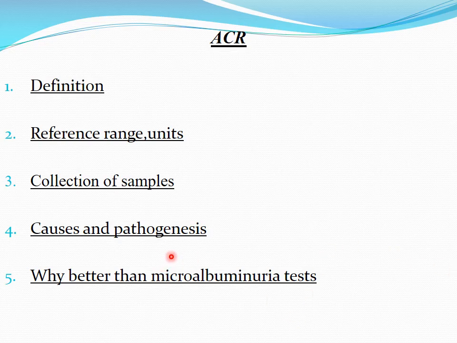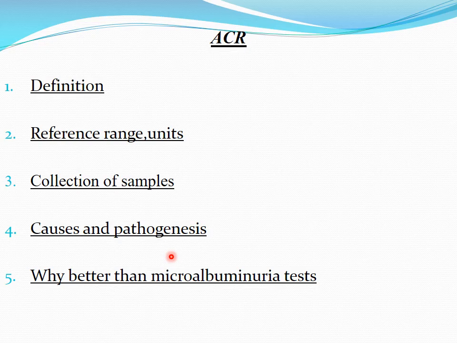Regarding the causes and pathogenesis, the presence of increased urinary albumin excretion denotes an increase in the transcapillary escape rate of albumin and is therefore a marker of microvascular disease.